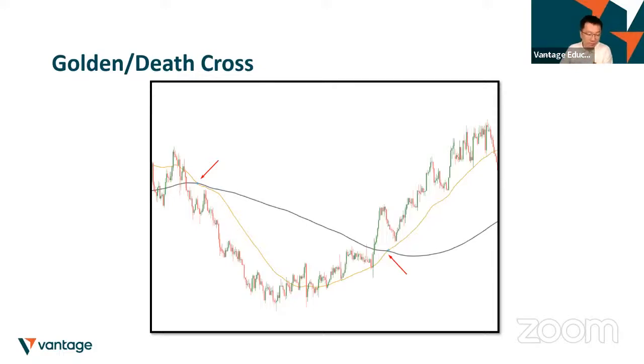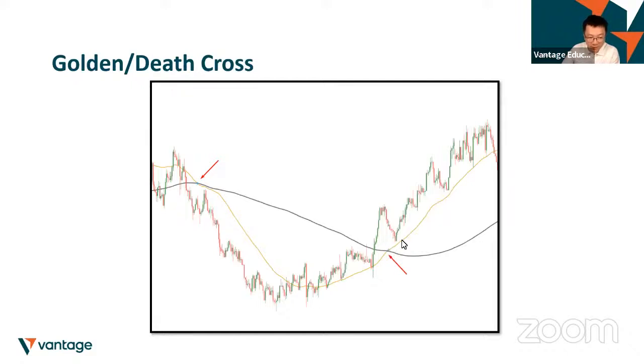Why I say a pair of moving averages is because, like I'm showing you here, there is such a thing called the golden or the death cross. To use the golden and the death cross, we're using the 200 and the 50 simple moving average. When we see the 50 cross over the 200, that's what we call a golden cross.